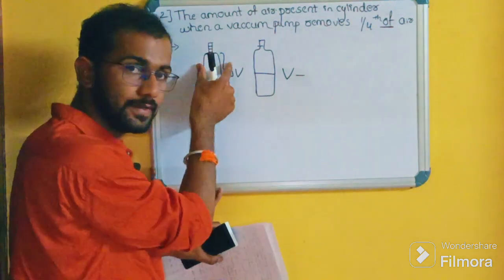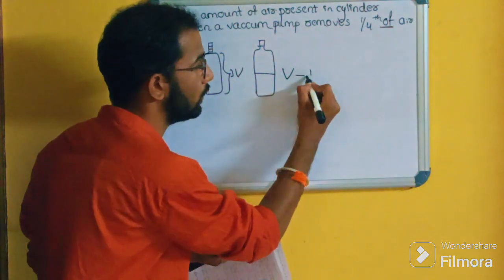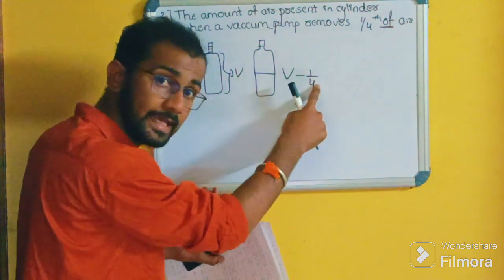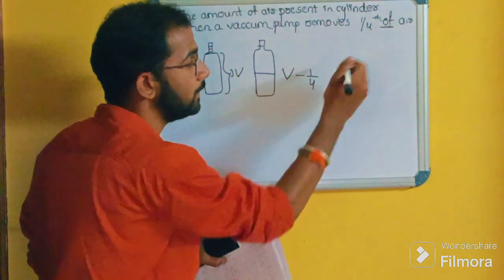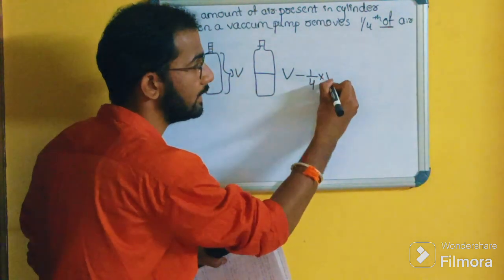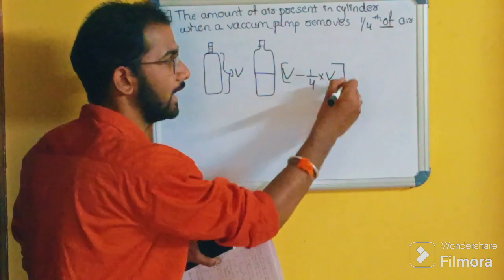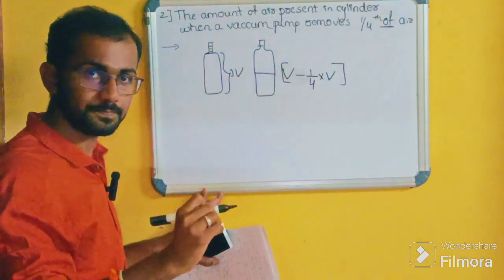So from this V, we need to subtract one fourth of the air. One fourth of means multiply. This is how we can find the sequence.